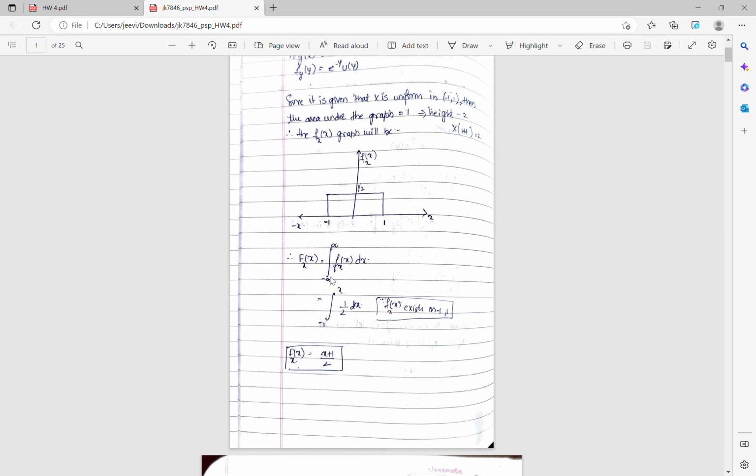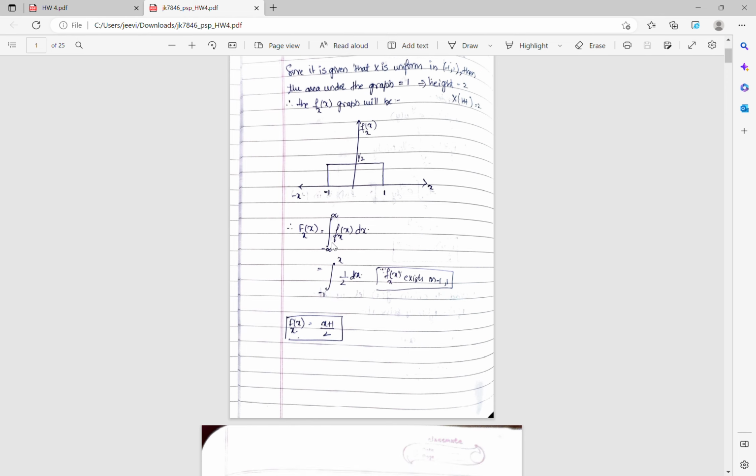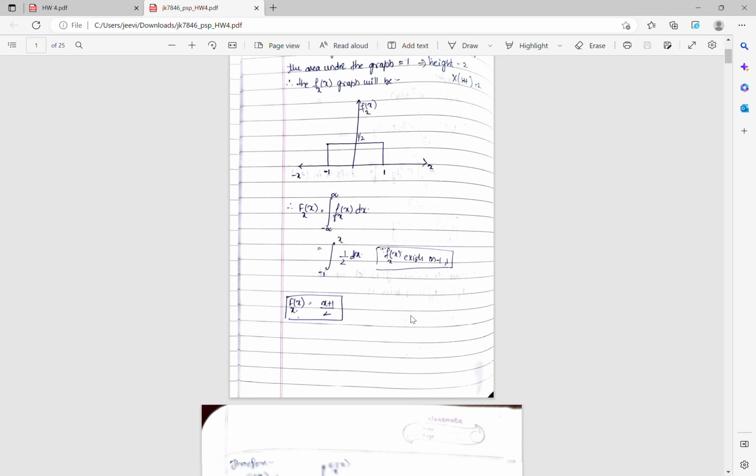Now, we will calculate the cumulative distribution function from the probability distribution function by taking the integral from -infinity to x. Therefore, the cumulative distribution function is the integral from -1 to x of 1 by 2 dx. We are taking the lower limit to be -1 since the probability distribution function exists between -1 and 1 only.